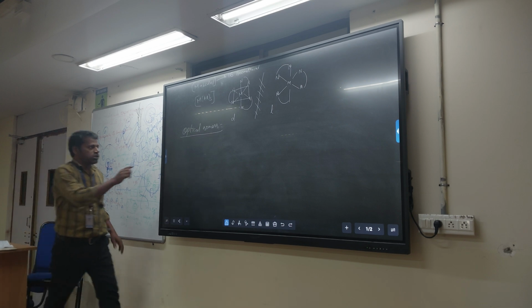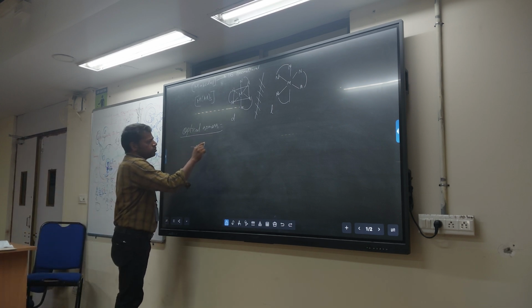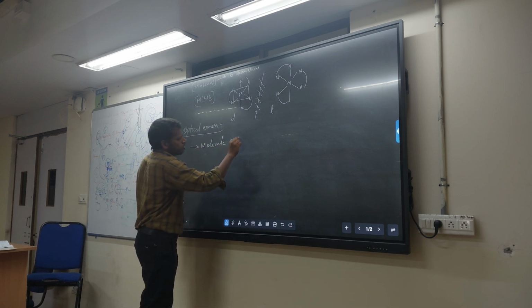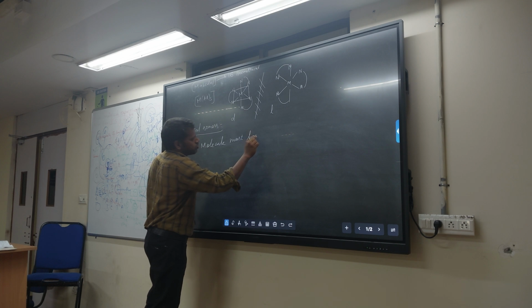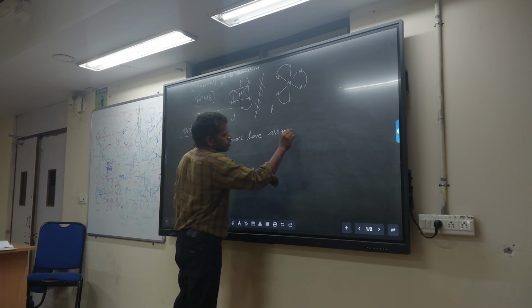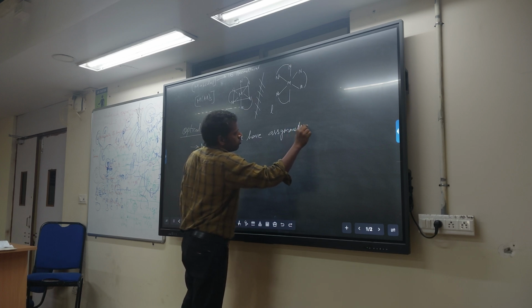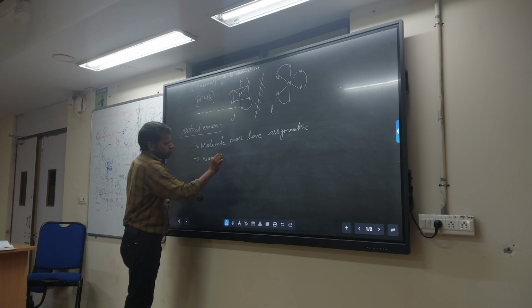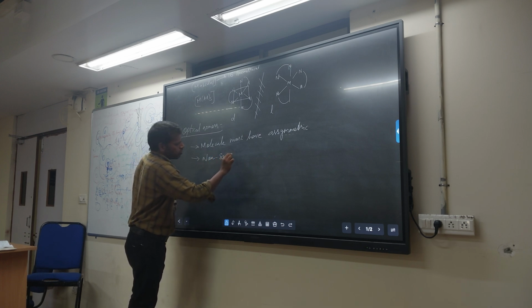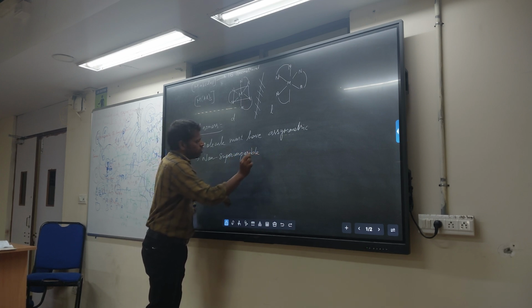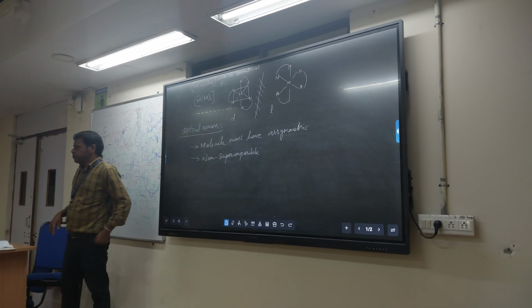So there are two conditions. One, the molecule must have asymmetric nature. The second condition, non-superimposable.